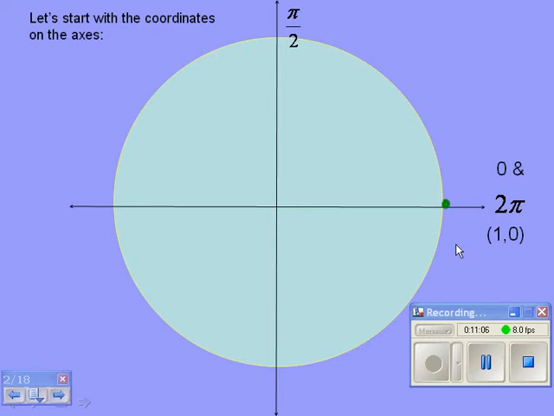Do you agree? Okay. 0, 1. And now we move over to the left on the negative x-axis. At pi, it should be negative 1, 0, because you're moving to the left. And then if we go straight down at 3 pi over 2, that would be 0, negative 1.